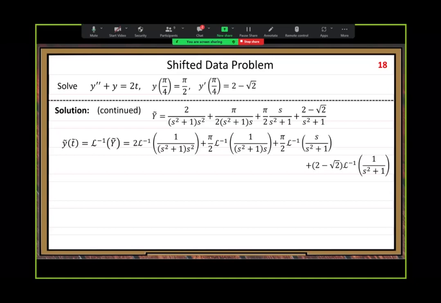Inside, we use the basic formulas. This basic formula number 7 we can apply on the third term, and number 8 we can apply on the last term.